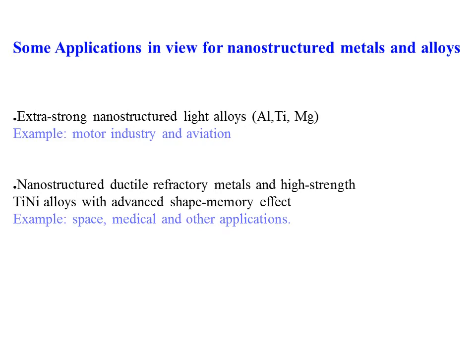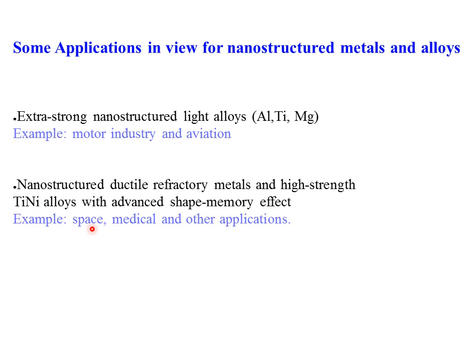Some applications of nanostructured metals and alloys are, for instance, in the motor industry and aviation, where light alloys are needed, because that way you reduce the weight of the planes or the cars, and you need less use of kerosene or whatever energy resource you are using.